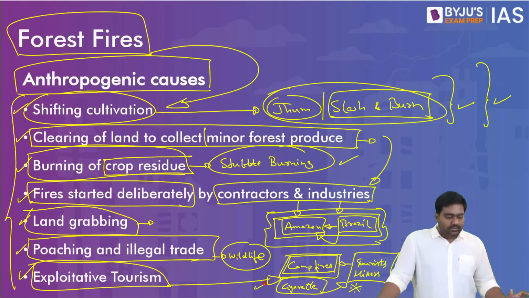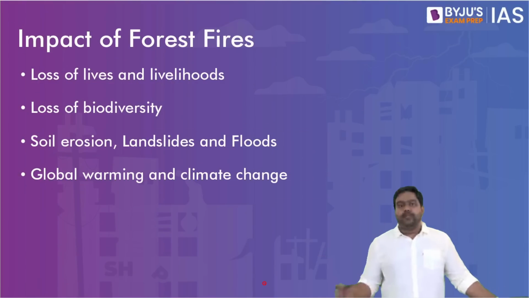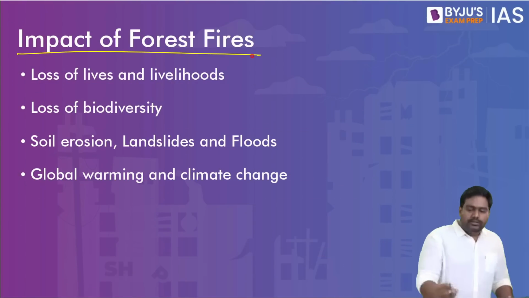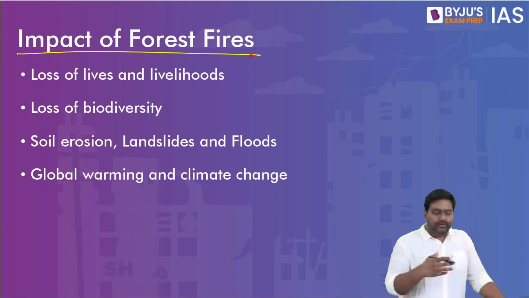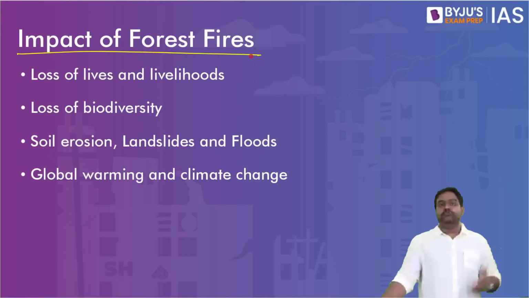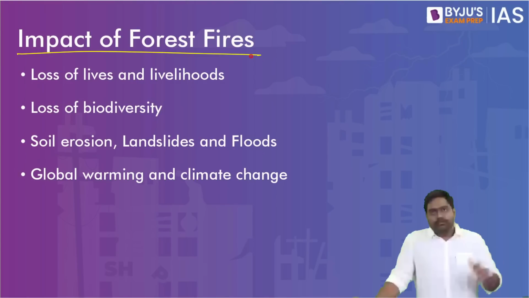Is that clear? Recently, there was an incident in California a couple of years ago. A family was hosting a birthday party, and they forgot to extinguish the fire they had created for cooking food. They finished the party, they left, the fire kept burning, and it spread very quickly to the nearby forest area, and it consumed thousands and thousands of hectares of forests in California.